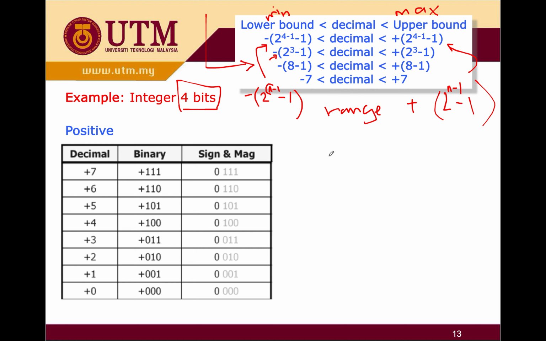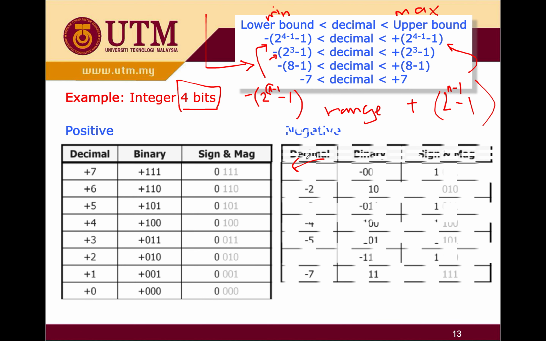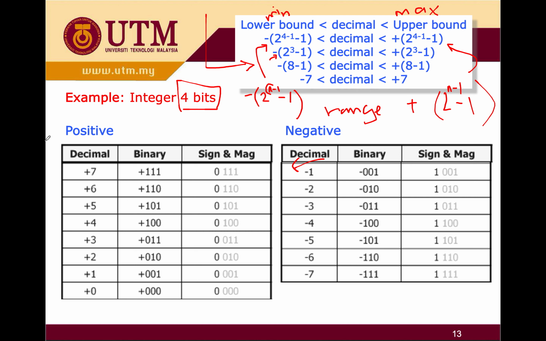And over here, this is the example, the maximum and minimum value. This one is for the positive side, and this is the negative side. You can see you just add the value of 0 in front to be positive. You just change the positive to 0, and over here for negative, you change it into 1.